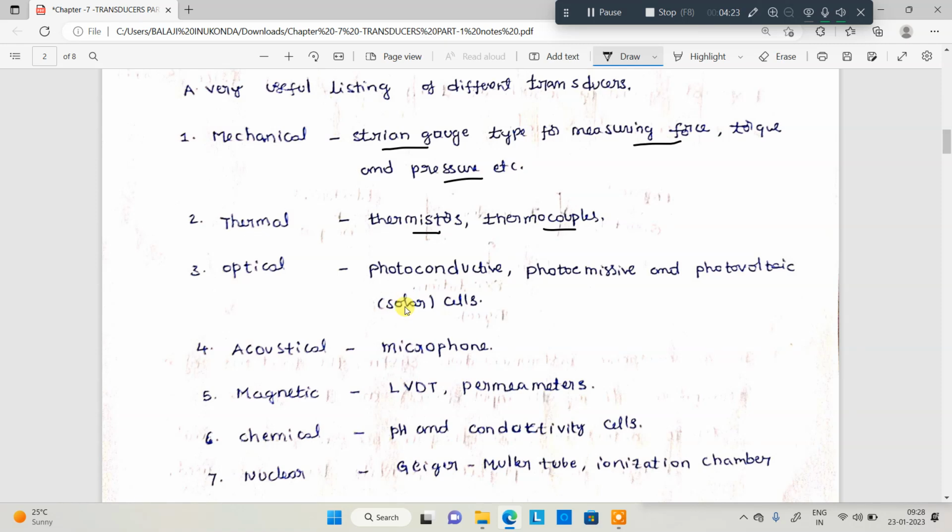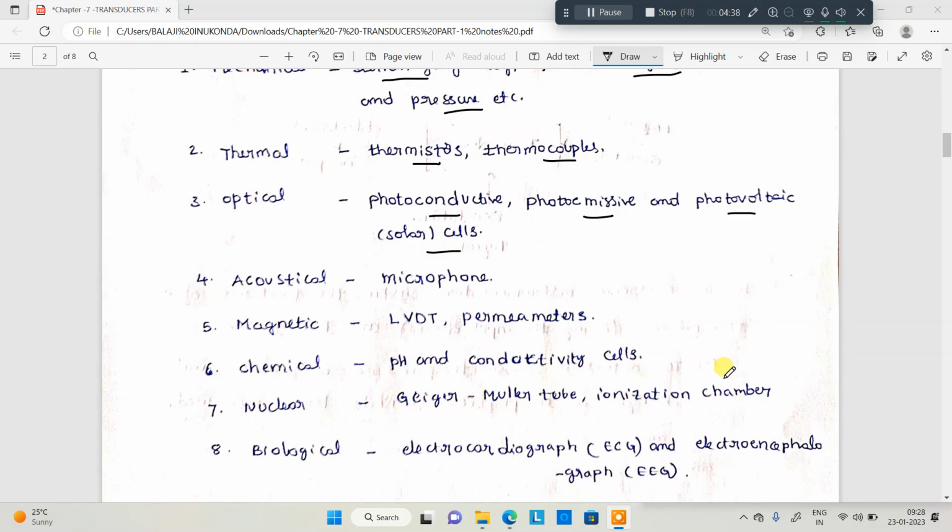In case of optical, photoconductive, photoemissive, and photovoltaic cells are the examples. In case of acoustical, that is a microphone. In case of magnetic, LVDT, the linear variable differential transformer, and so on.